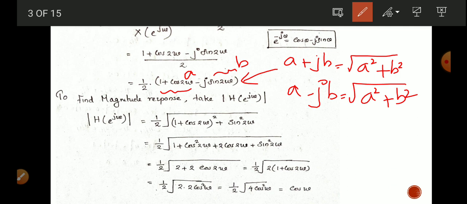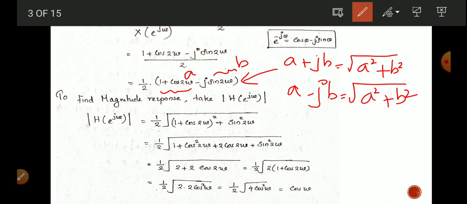So the magnitude of this term we can write as root of a square plus b square, that is equal to 1 by 2 into root of, here a is 1 plus cos 2 omega, so 1 plus cos 2 omega whole square plus b square, here b equal to sin 2 omega, sin square 2 omega. Then expand 1 plus cos 2 omega whole square.